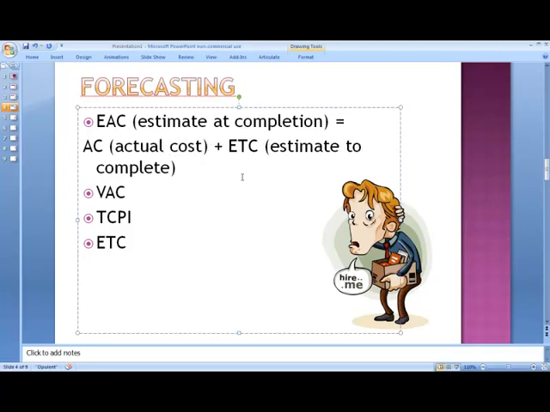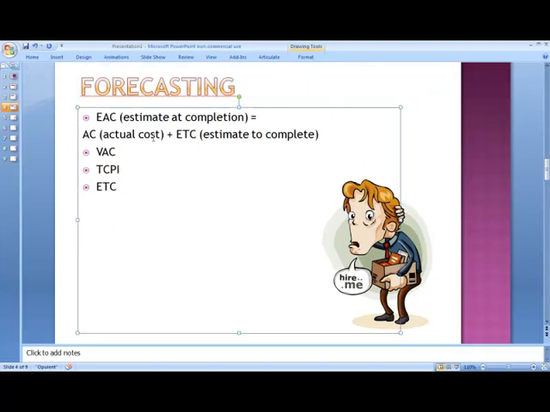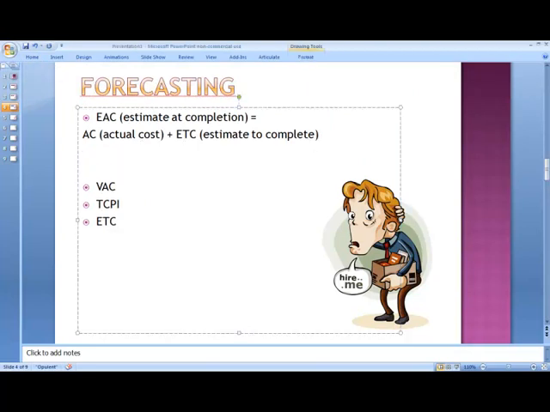So let me show you a quick example here. Take, for example, we're working on a project, right? We've spent $50. That means our actual cost is $50, right?